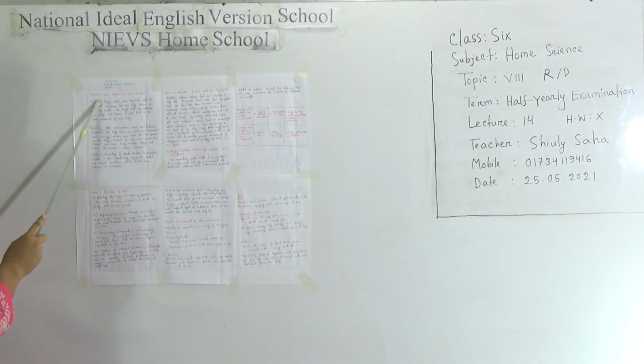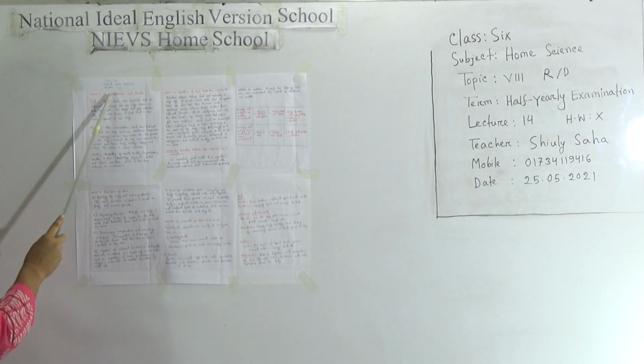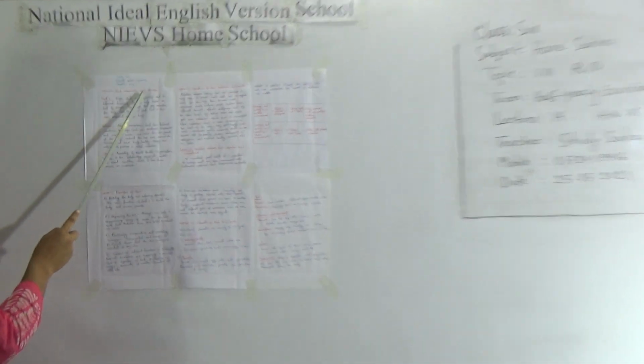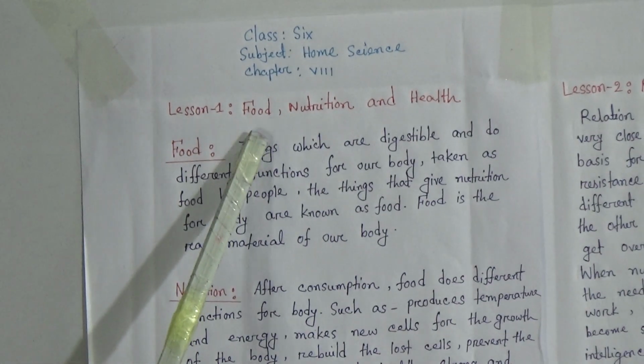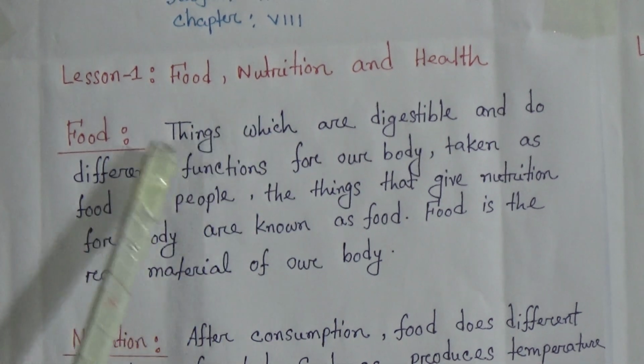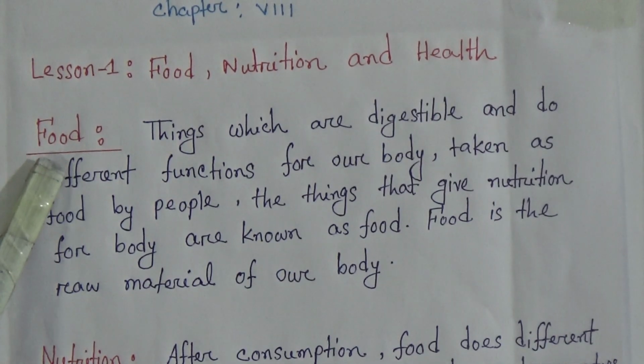Student, our today's topic is food, nutrition and health. Chapter 8. Food. Before starting this topic, I am telling you food is very important. You know that without food we cannot imagine our existence. So student, carefully read this chapter. Food first.